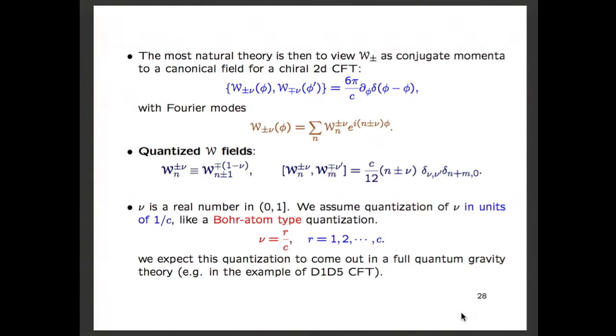This is what I put in by hand at this stage. Presumably this is what comes out of a full quantum gravity description. For example, this is the case for the D1-D5 system or other AdS3 geometries coming out of string theory. In that context, this relation is what's called the spectral flow. But here I am going to assume it.